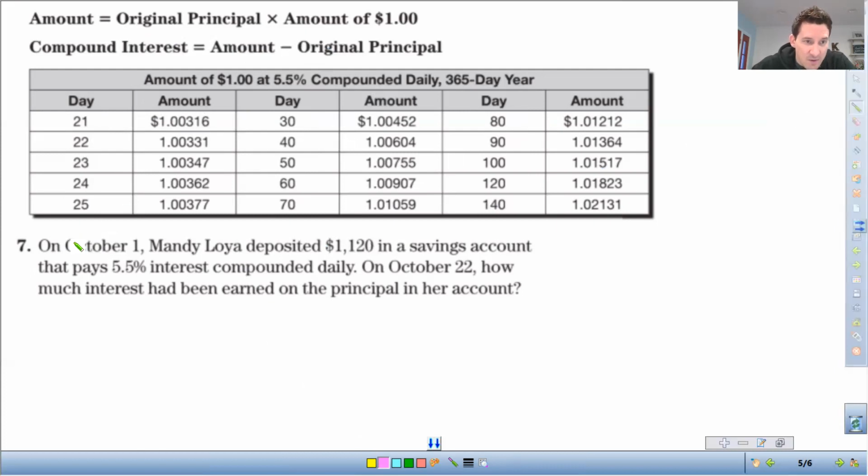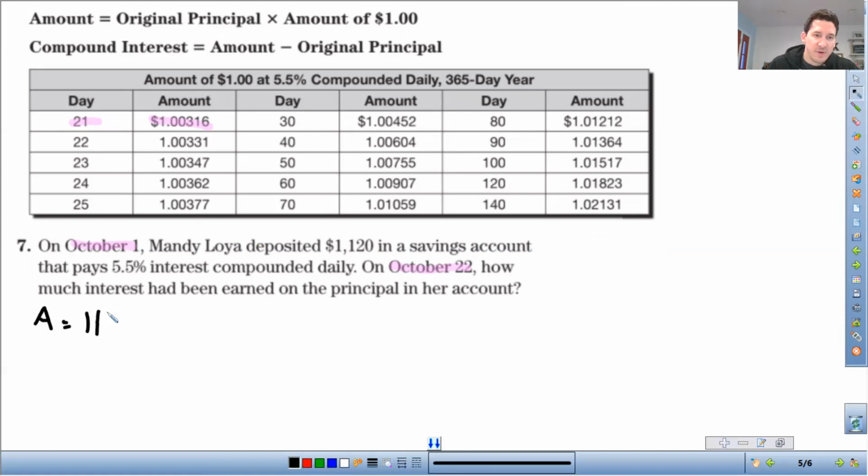So we're starting on October 1st and we're going all the way to October 22nd. All right. So 22 minus 1 is 21. That's 21 days. So the table value we use is 1.00316. So to find the amount, you're going to do the original principal, 1,120, times the table value, 1.00316.